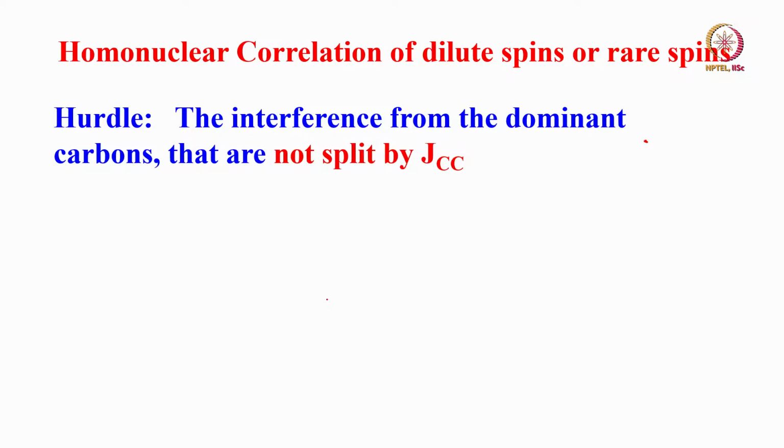Whereas for individual carbons, CH3, CH2, COH if you take, this is only one isotopomer, this is another isotopomer, and only this carbon 13 is dominant here, there is no coupling, and these peaks are much stronger compared to the carbon 13 J split doublet. The biggest interference comes from the dominant carbons in the carbon 13 state, the single carbons which are not split by a neighboring carbon.